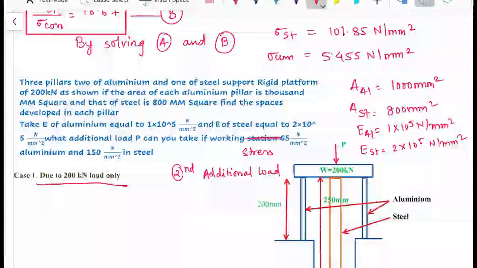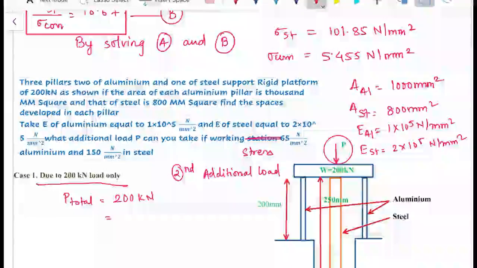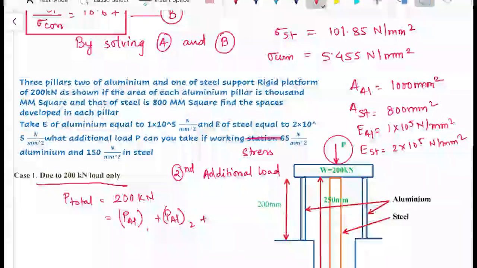Now in this case, forget about this P part, that we will take later. Now only 200 kilonewton load is there, and this 200 kilonewton load is the total load which is applied to the structure. Now it is supported by two aluminium bars and one steel bar. So P on aluminium first bar, P on aluminium second bar, plus load on steel bar.